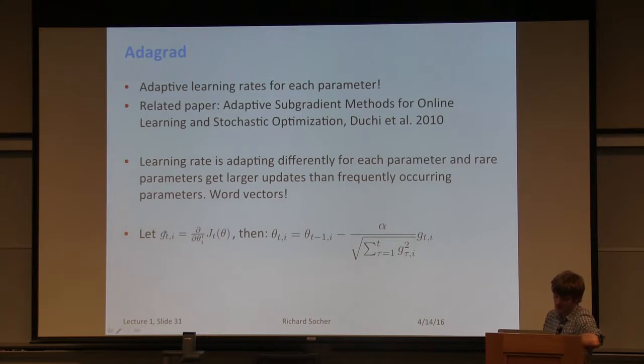So you compute this G here, which is essentially for each element: at the time step t of your iteration, for the ith element of your theta vector, you have some partial derivative here. And you keep track of those and you sum up all of them from past time steps. And so intuitively here, if you have the, for instance, it happens in every other window, this sum will get very large, and so the learning rate for that parameter gets smaller and smaller.